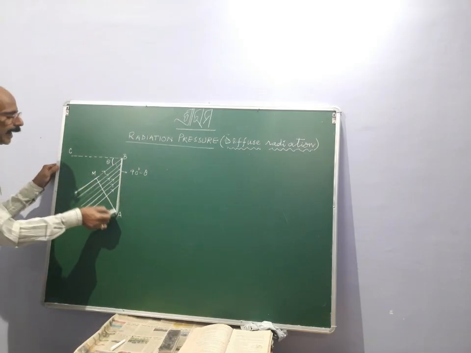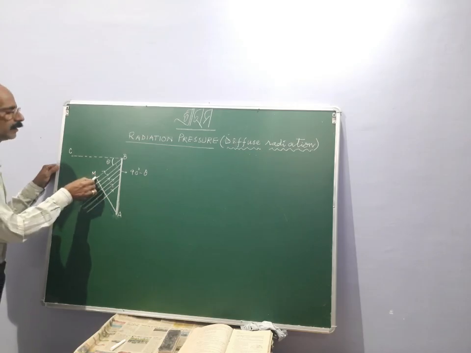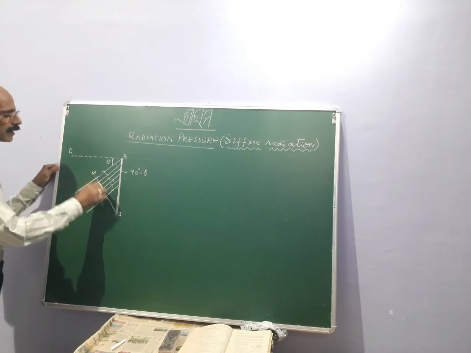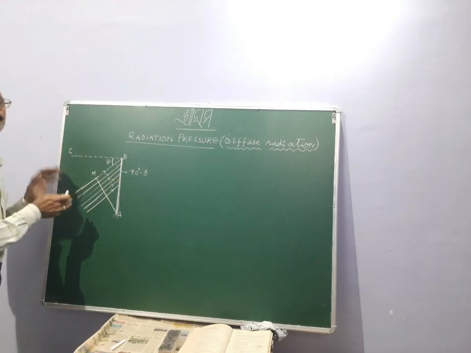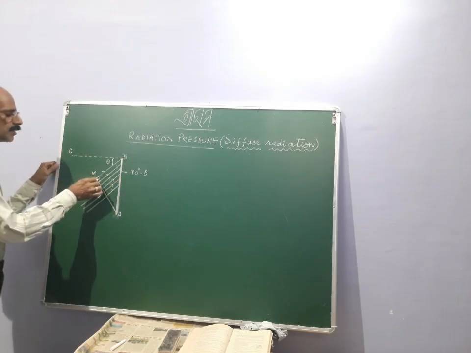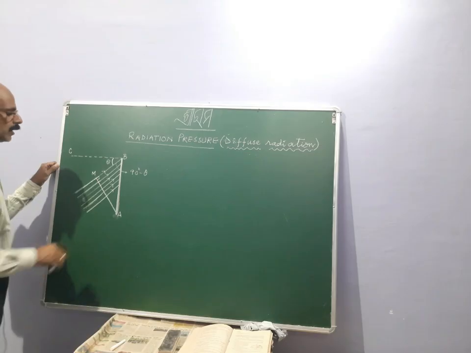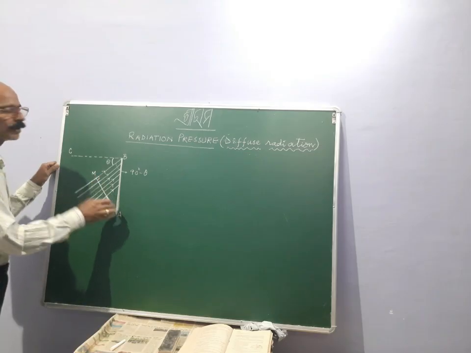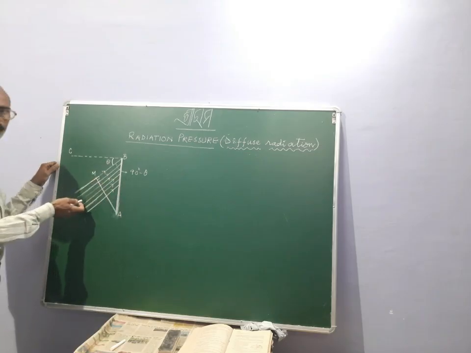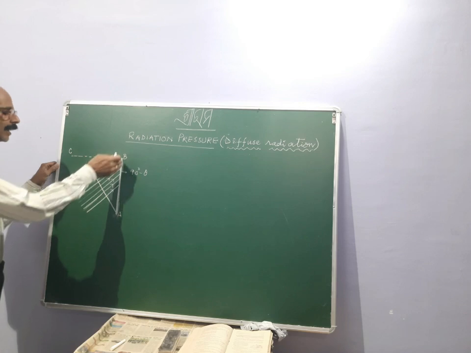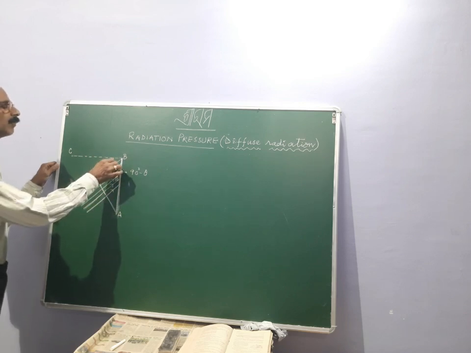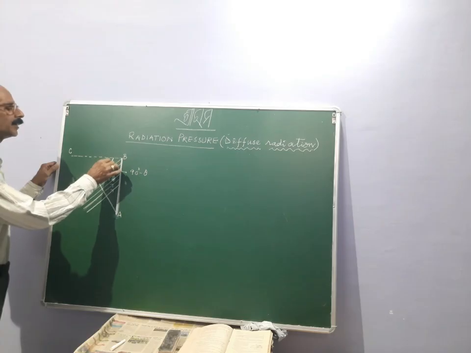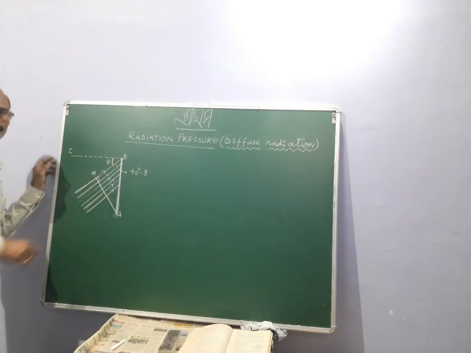And AM, which is drawn, is the surface to which the beam of radiation is perpendicular. So AM is the surface to which beam of radiation is perpendicularly being incident, and AB is the surface to which the beam of radiation falls at an angle theta to the normal to the surface.